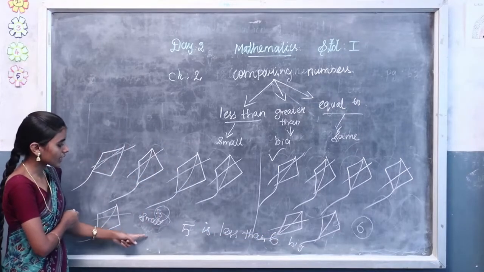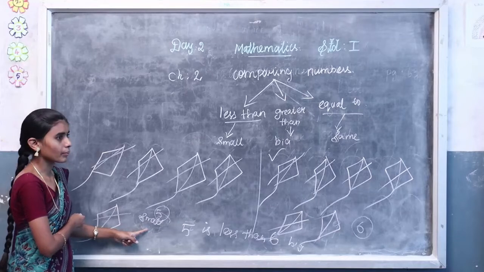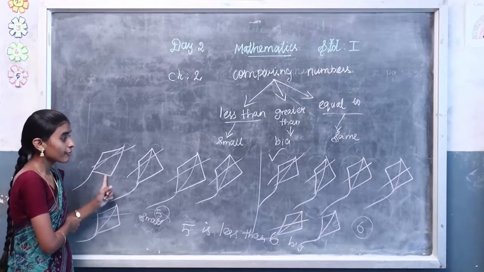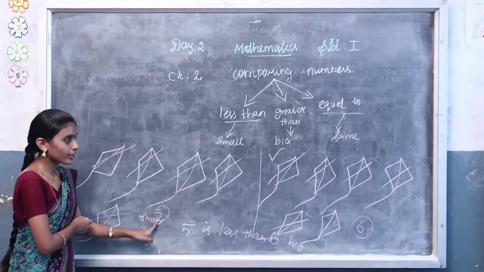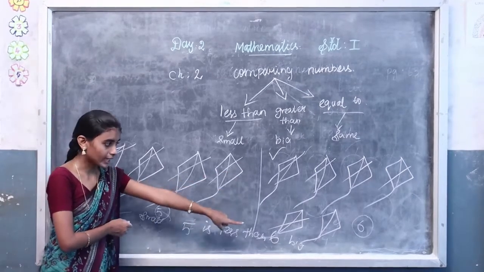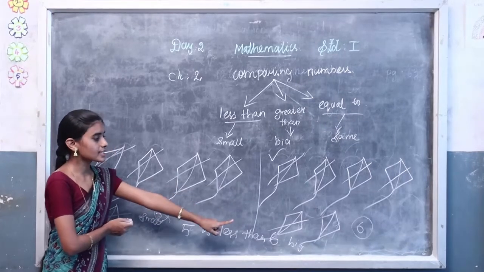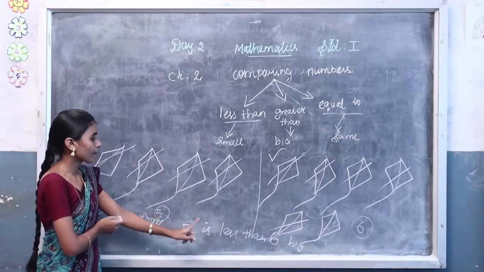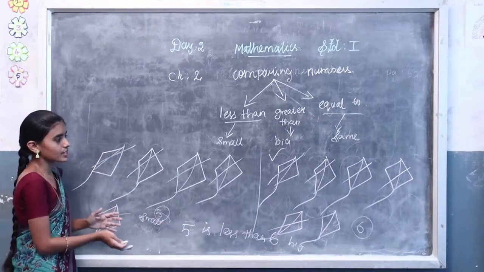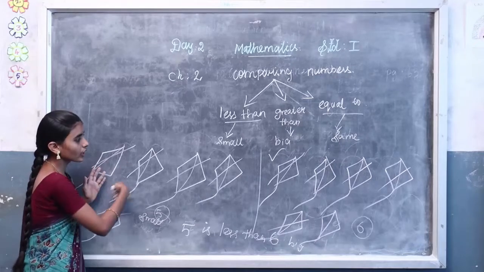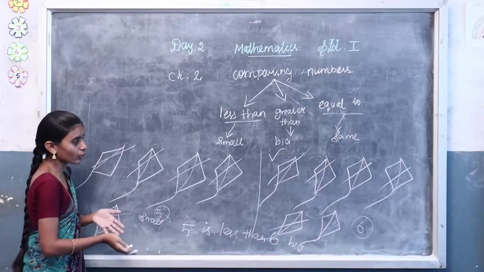So this is the third example for comparing the numbers. So how to compare the numbers? First count the numbers in the first group and count the numbers in the second group. So 5 and 6. So how will you find which one is greater and which one is small? Strike out the kites one by one in both groups.